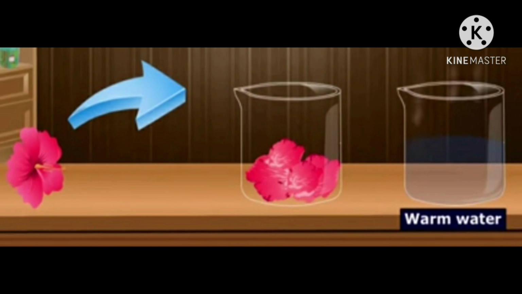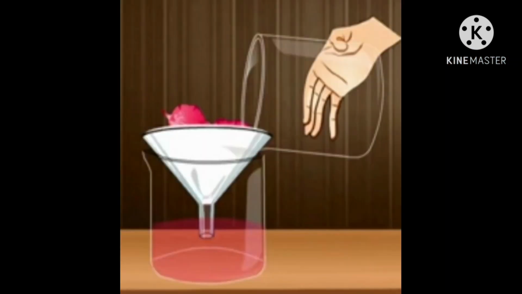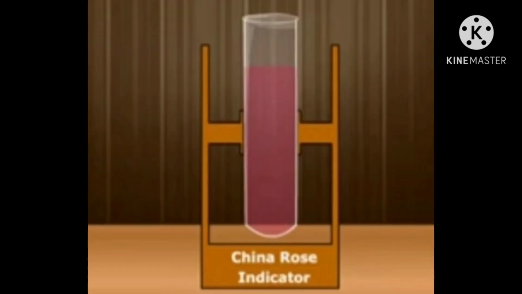Keep the China rose petals immersed in water for some time till water in the beaker acquires a light pink color. Now remove the petals by filtration. Light pink solution thus obtained is the China rose indicator. This China rose indicator can now be used for testing acids and bases.